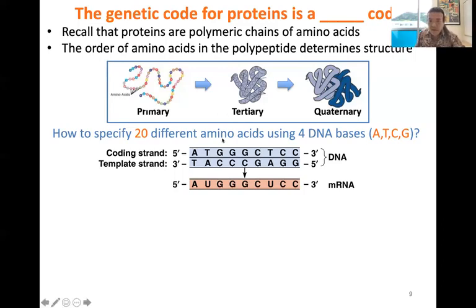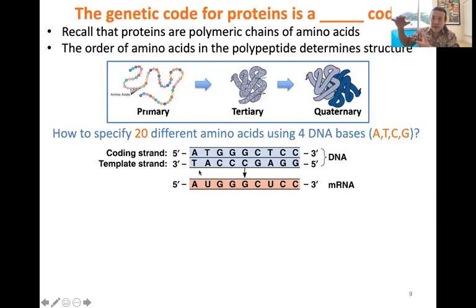So how do we specify 20 amino acids using just 4 DNA bases? Obviously some combination of bases needs to code for a particular amino acid to be put in that next spot of the growing peptide chain. If we look at the DNA, remember the DNA is double-stranded here. You have the 2 strands that are running anti-parallel to each other.